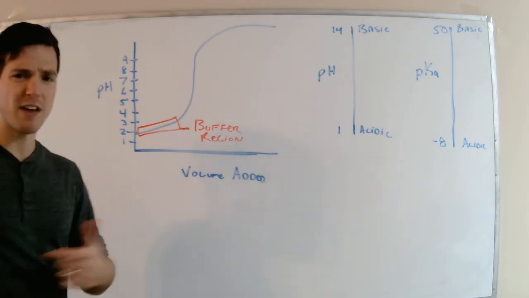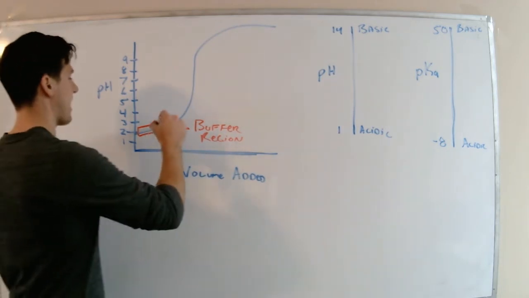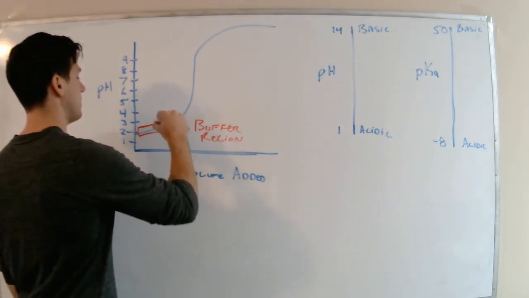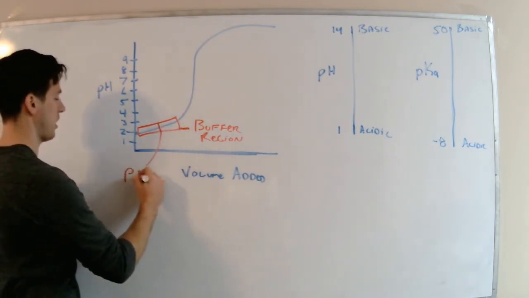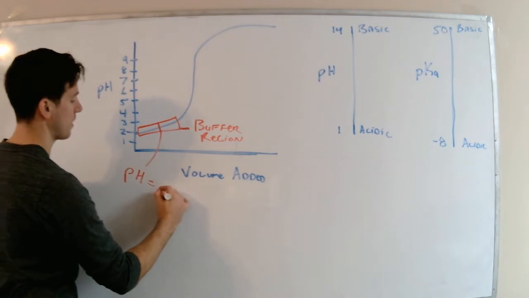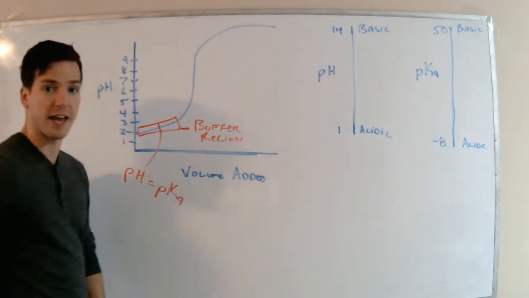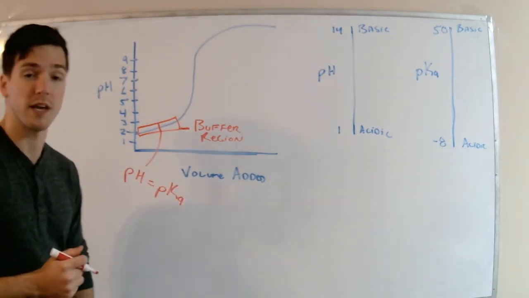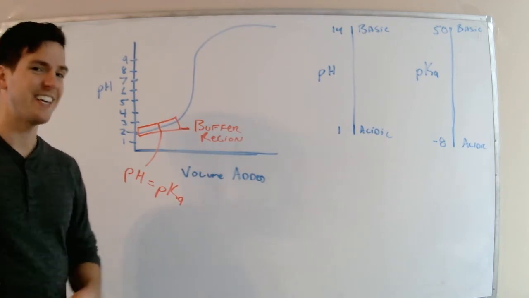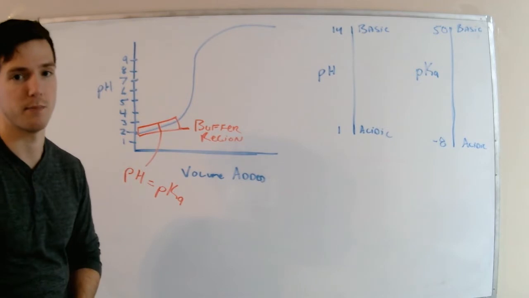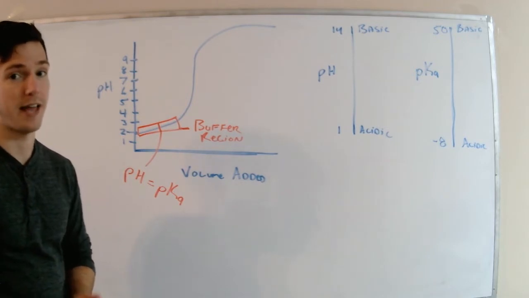And the thing we have to know about this buffer region is that halfway in between this buffer region, our pH is going to equal our pKa. pH will equal pKa. Well, what is pKa? It is just another way to measure the strength of an acid.